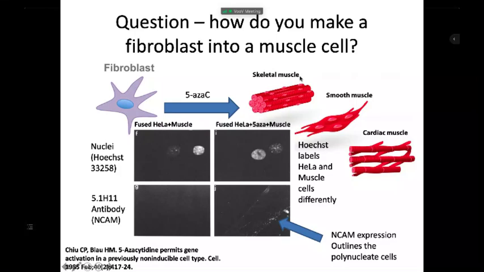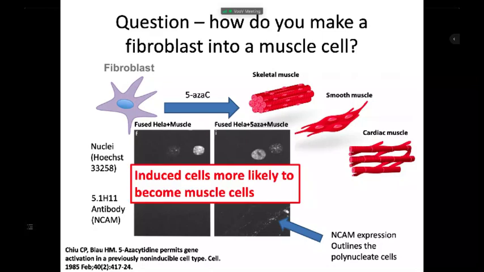We treat with 5-azacitidine, and both the cell types are able to fuse. So this shows us that our HeLa cells can turn into muscle cells in the same way that fibroblasts can also turn into muscle cells. So our induced cells that are treated with 5-azacitidine are more likely to become muscle cells.